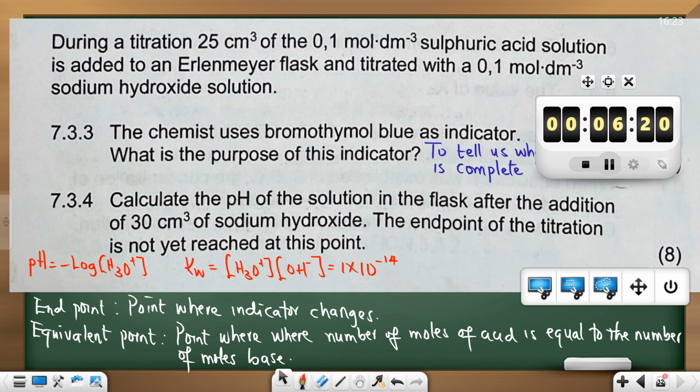When an acid reacts with a base, what are we expecting? Salt and water. So they want you to be able to write that. And then balance, remember? Must be balanced.